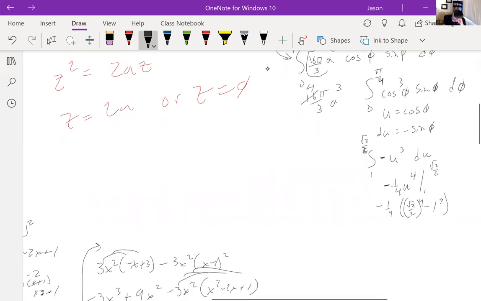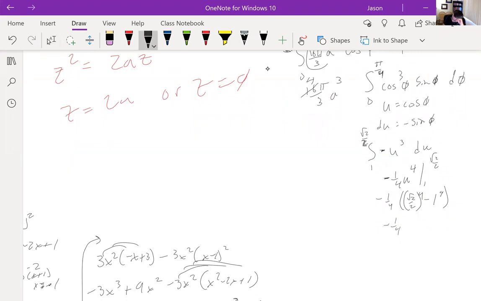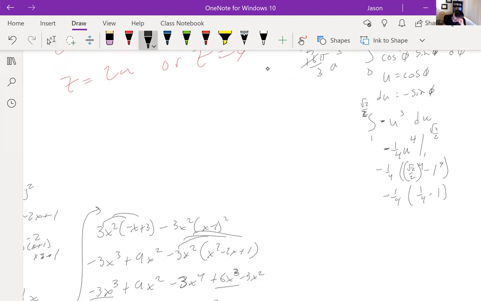Oh, that's where I screwed up. So this is 1/4, because this is going to be 4/16, which is 1/4. That's 1/4 minus 1, so this is negative 3/4.